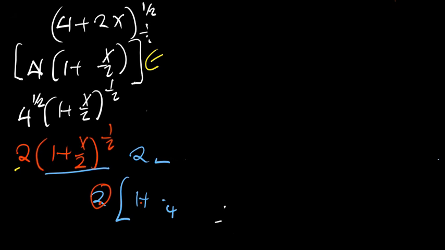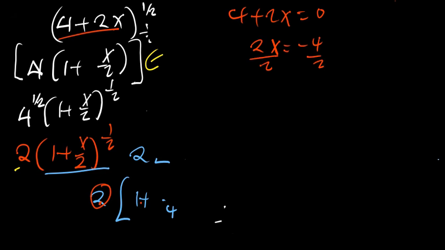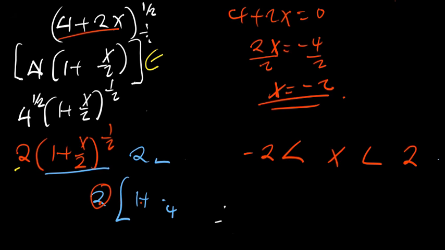You get the original one, not the one you manipulated. You get 4 plus 2x is equal to 0. So for x, 2x is equal to negative 4, divided by 2, x is equal to negative 2. Start with the negative number, then put the positive. That's the answer.